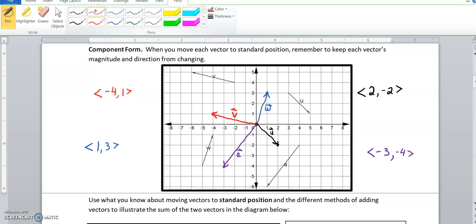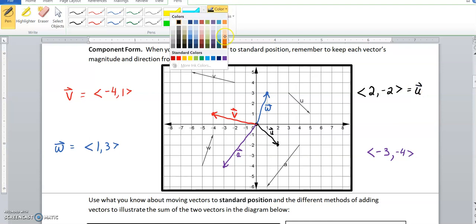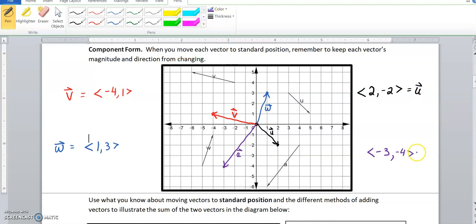Like v, for example, we should be writing vector v, or in blue, vector w equals. Okay, so I can kind of correct that, so that equals vector u, and purple is vector A.